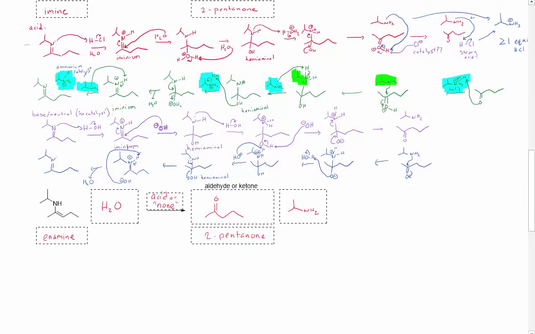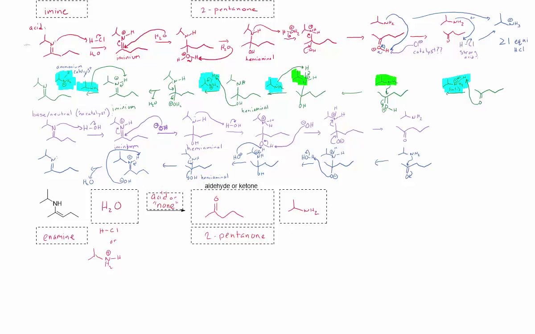So, under acid conditions, we would use either an ammonium ion or we could use a strong acid. And we're going to keep in mind that if we're actually using a strong acid, it would be a stoichiometric amount of acid in the long run.